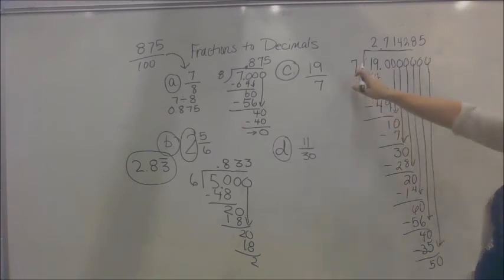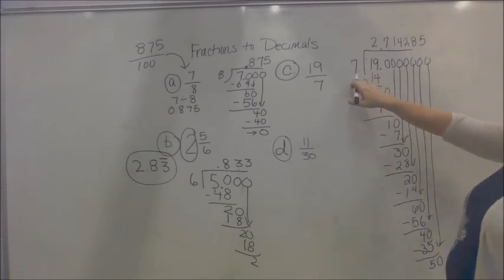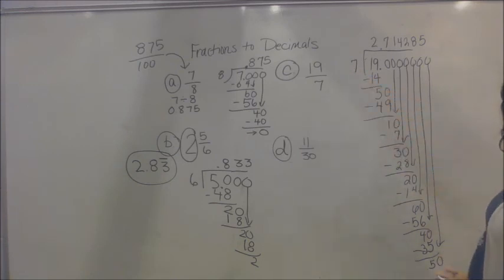Okay, and 7 goes into 50, how many times? 7 times. So that's 49. That was a remainder of 1. I'm going to start this cycle over again.